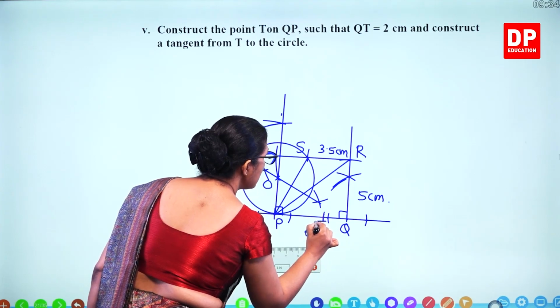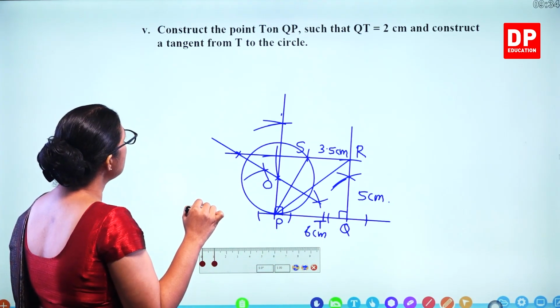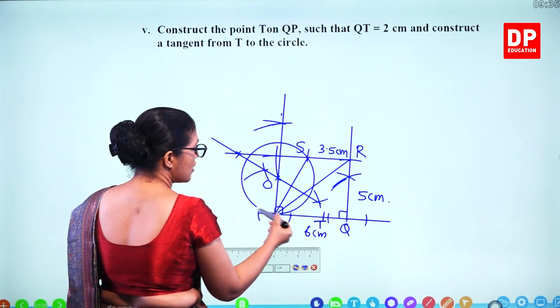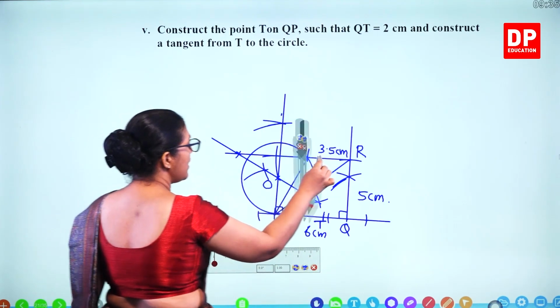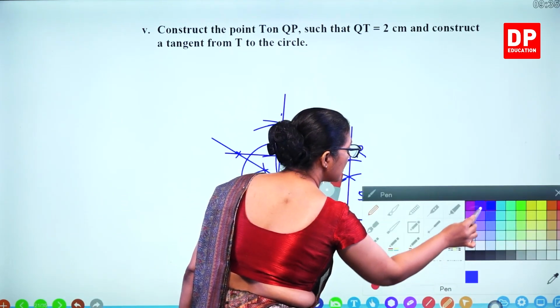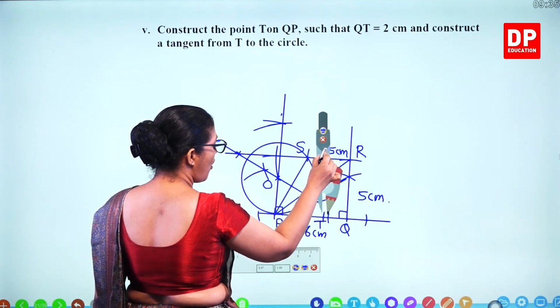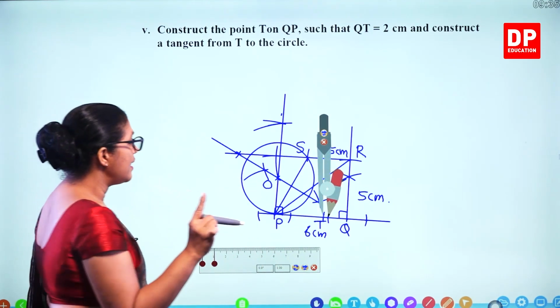This point is T. And construct a tangent from T to the circle. So this is one tangent. So how do you draw the other tangent? You can take equal distance from any point. When you draw two tangents, the two lengths are equal.